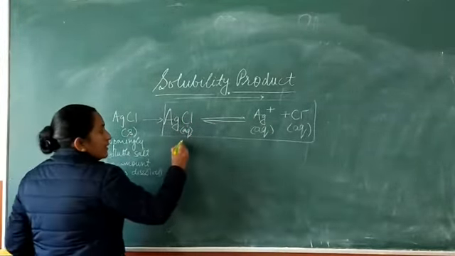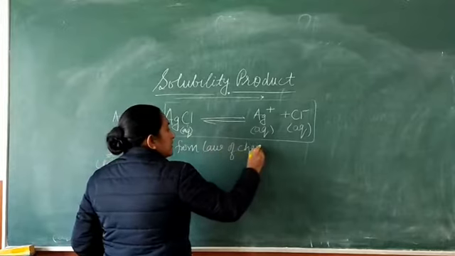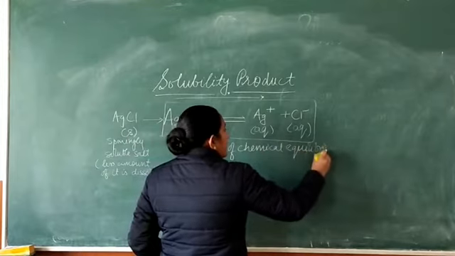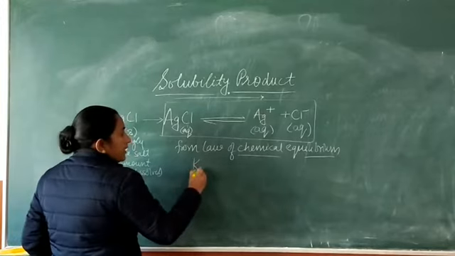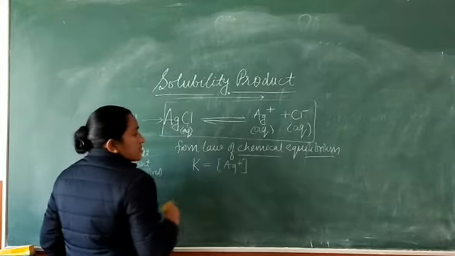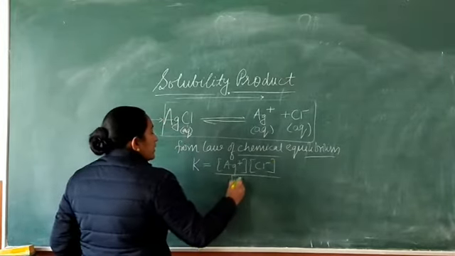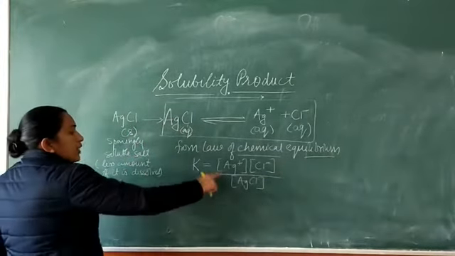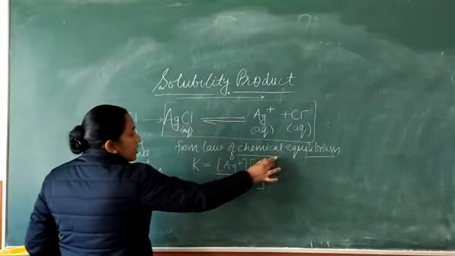Now students, from the law of chemical equilibrium, we can write K equals the molar concentration of Ag positive times Cl negative upon the molar concentration of AgCl. Here these molar concentrations have to be raised to the power of the stoichiometric coefficient.